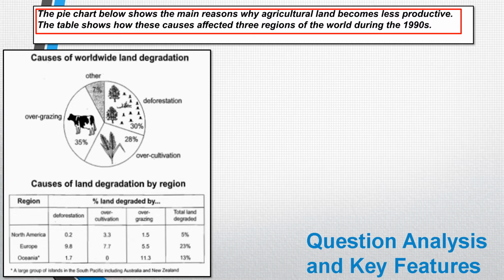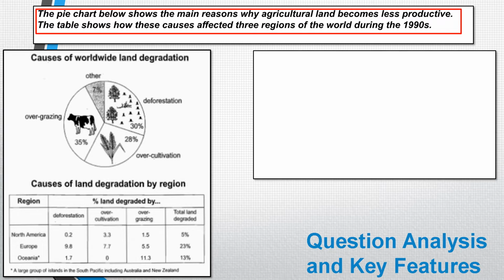So we've got a variety of information to look at, but we need to simply pick out 2 key features from each. So starting with the pie chart, the 2 things I would pick out are that, well, there are 3 major causes of land degradation worldwide, aren't there?